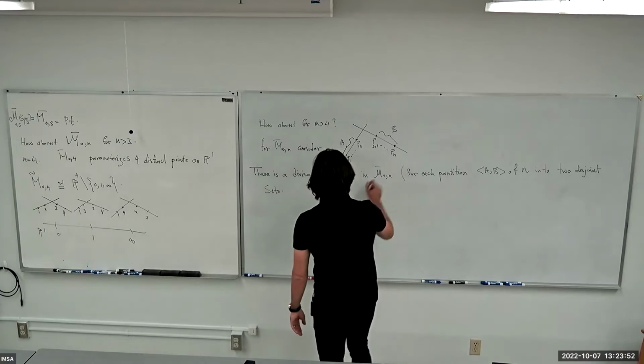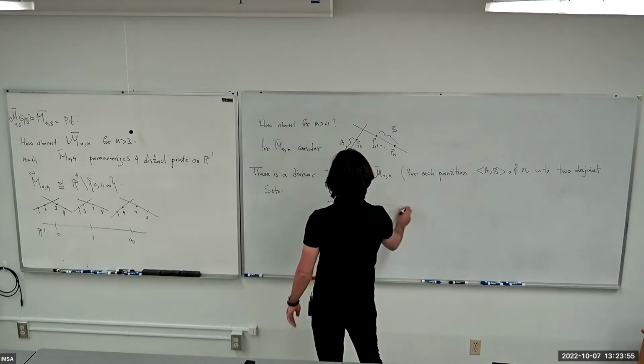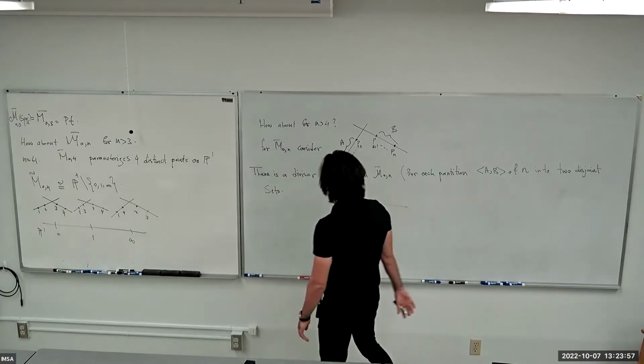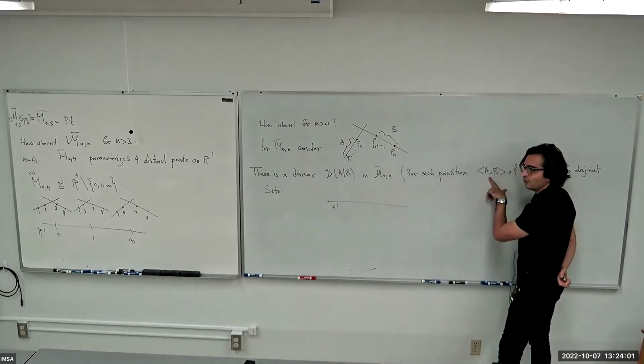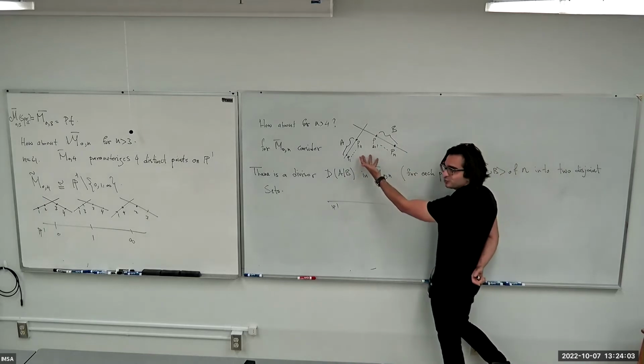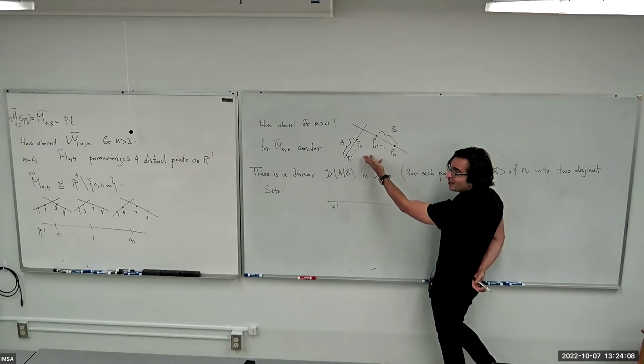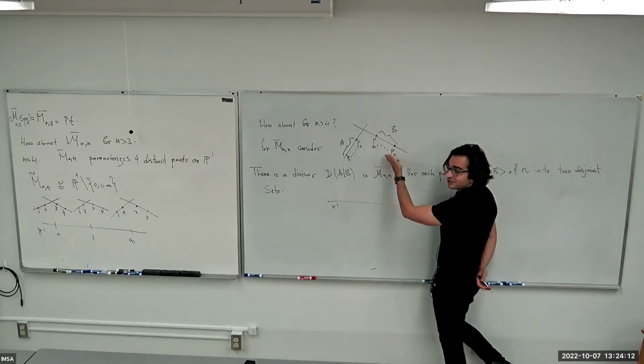On the P1, which your moduli space will be, for every partition, for every way of basically splitting this integer n into two disjoint sets, you will get a curve configuration like this.